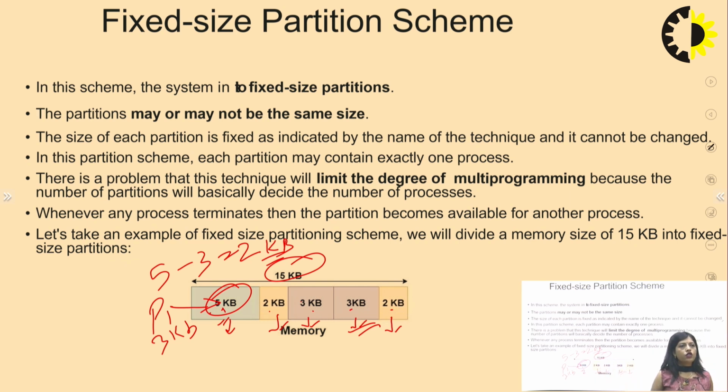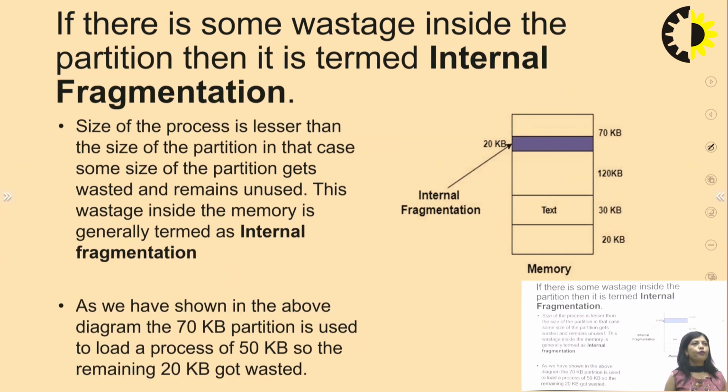The number of partitions basically decides the number of processes. In that diagram, we have only 5 partitions, so we can put only 5 processes in memory. Whenever any process terminates, the partition becomes available for another process. This is an example of the fixed size partition scheme.